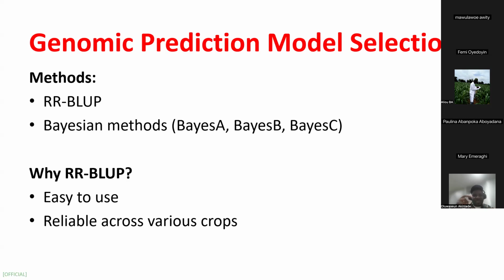So you can have a mixture kind of effects. But we're going to play with RR-BLUP, which is also known as G-BLUP if you have pedigree information, you can apply it here. But because it's simple to run, and it's actually being used for different crops, we're going to use RR-BLUP and the Bayesian to run this analysis.